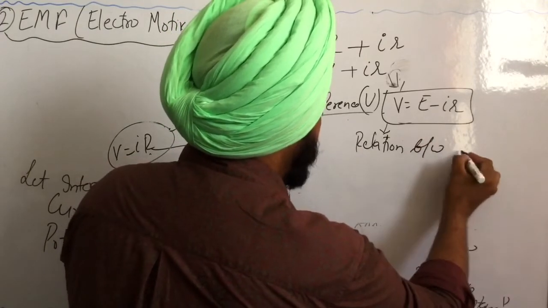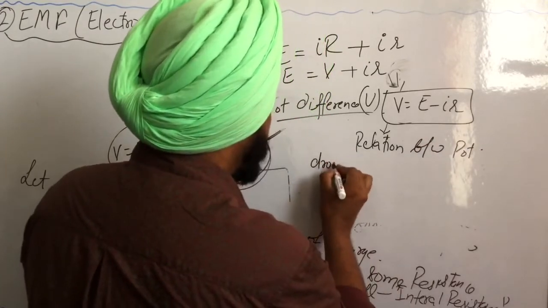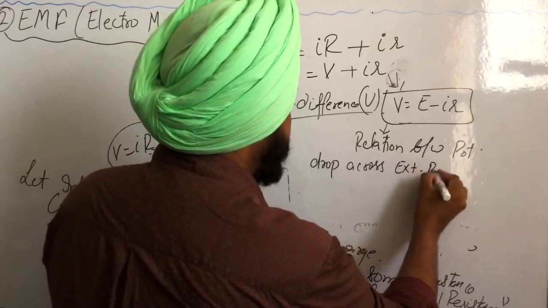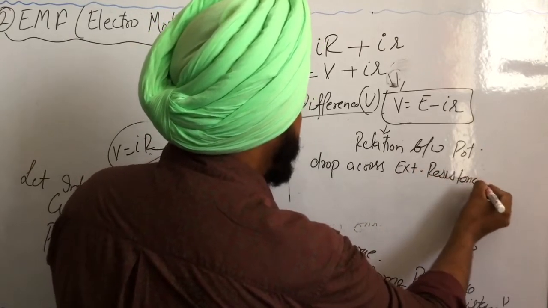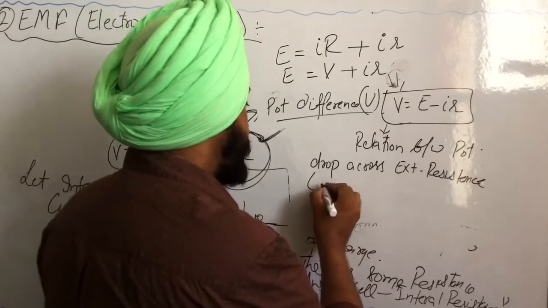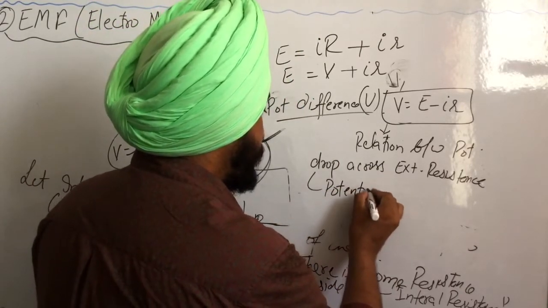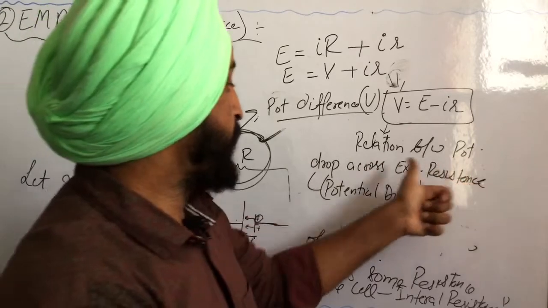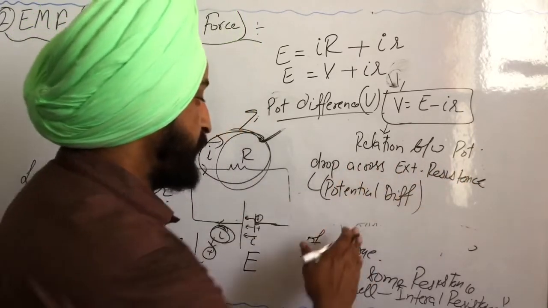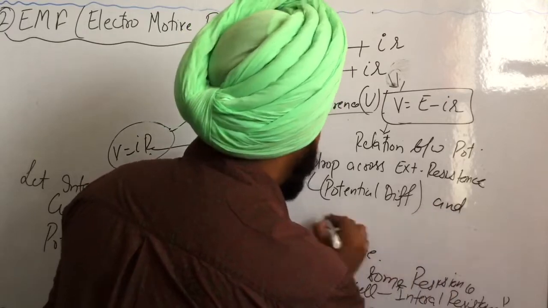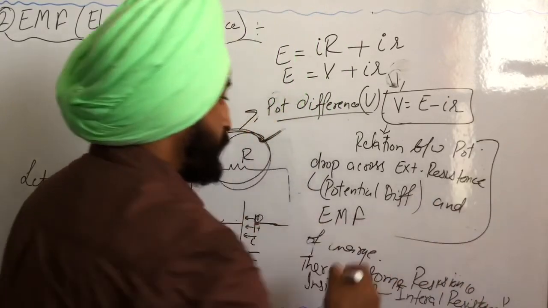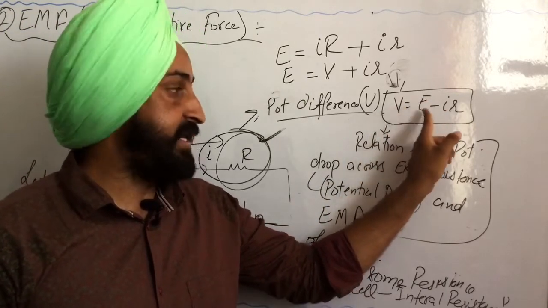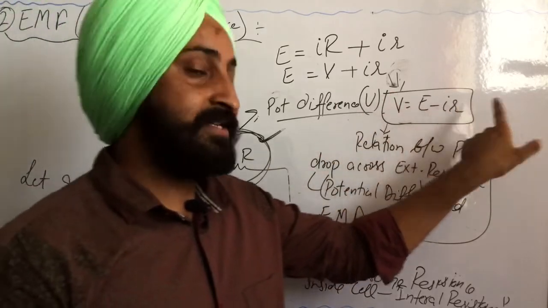So it is the relationship between potential drop across external resistance, or potential difference, and EMF. So V is equal to E minus Ir.